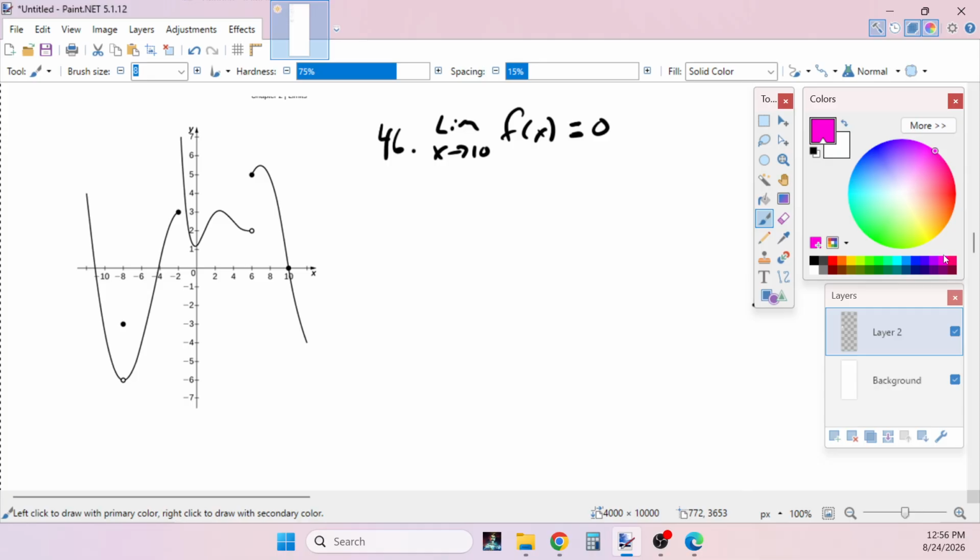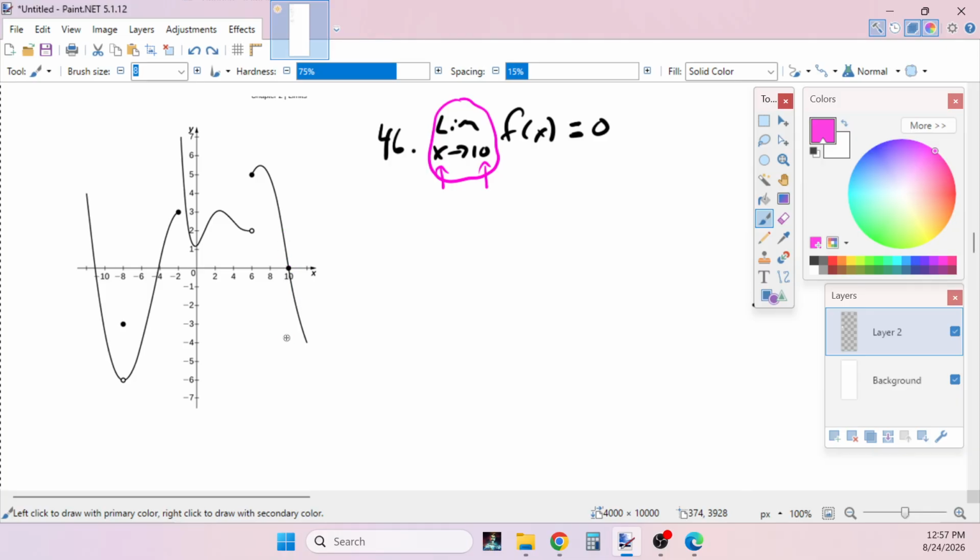This set of symbols means we want to talk about a function, and we want to talk about the values where x is close to 10, but not exactly 10. So when we look at this graph here, we want to look at all of the points that are x values near 10, but aren't 10. These are the two chunks of the graph we want to look at.